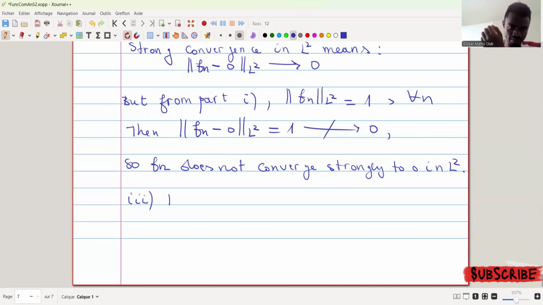Now, let us define weak convergence in L2.